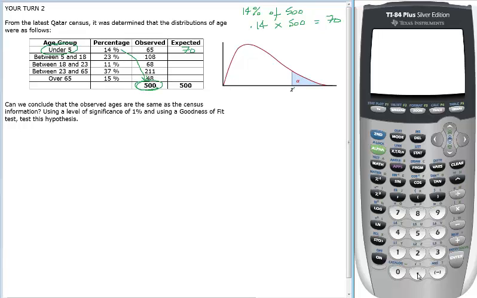Now, just take each percent and multiply by the total observed. So 0.23 is the next one. I'll just change it to a decimal, times 500.